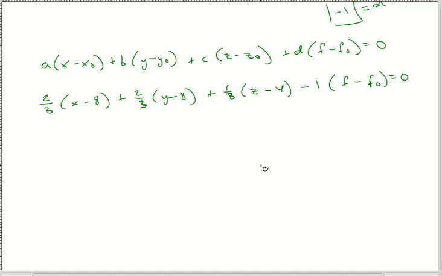I need to find out what this F naught is. Let's just go ahead and do it, and then I'll show you how to get your final answers, and we're done. We're very close to the end. What's F naught? Well, F naught is plugging in my original point P into the function. And what was that? It was 8, 8, 4. So we would have the square root of 8 squared, 8 squared, and 4 squared, which is funny because we already did this back up above.